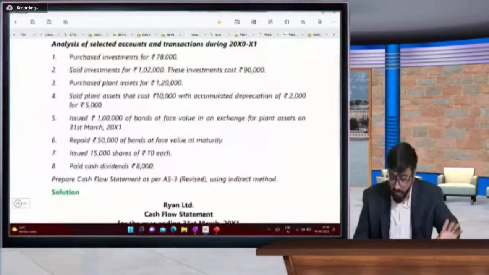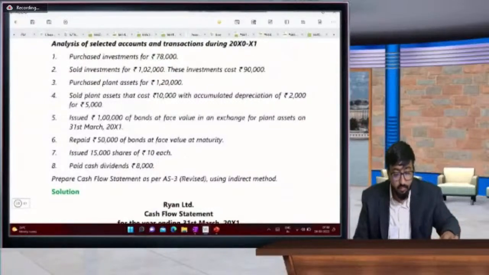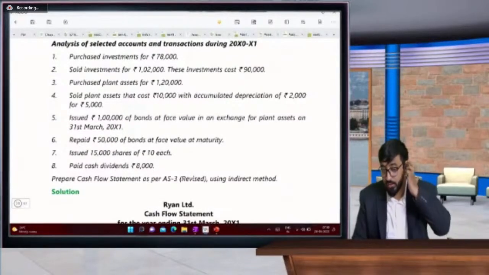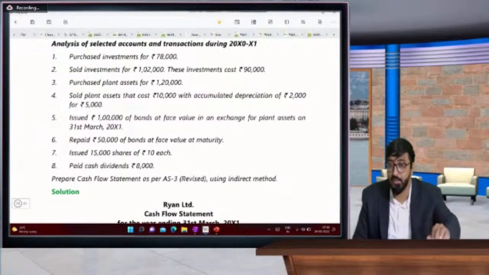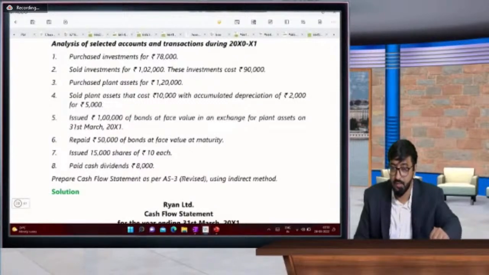Now adjustment. We are at the point of adjustment. Beta, the two effects of adjustment you are already aware of. Purchase of investment. So what is the entry? I will give you 15 seconds. Purchase of investment. What comes in? Investment comes in. What goes out? Cash goes out. So apply your basic logic: what comes in and what goes out.